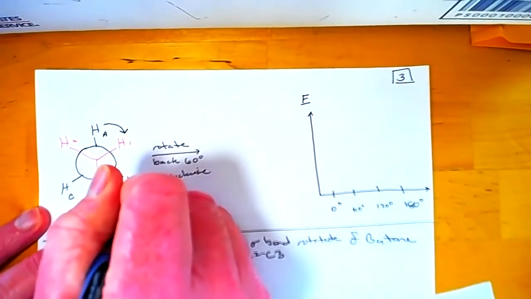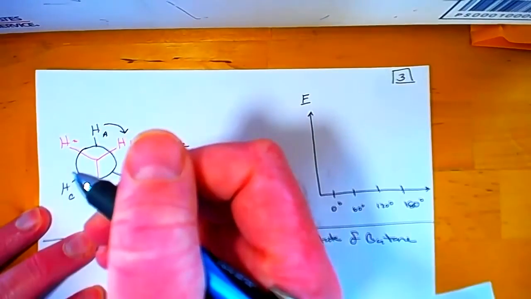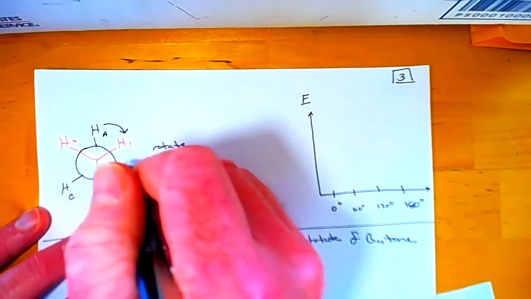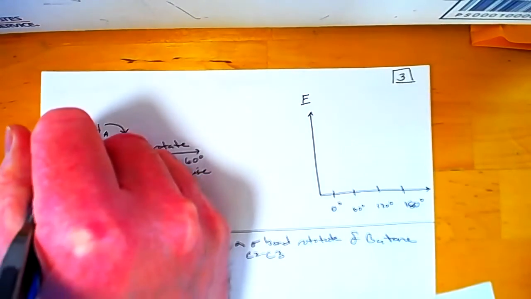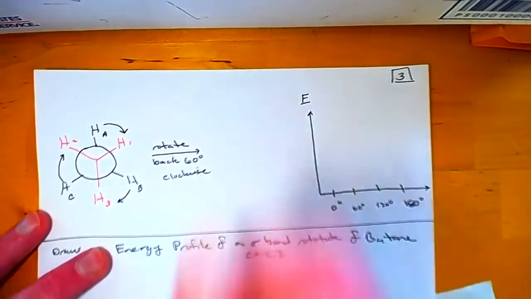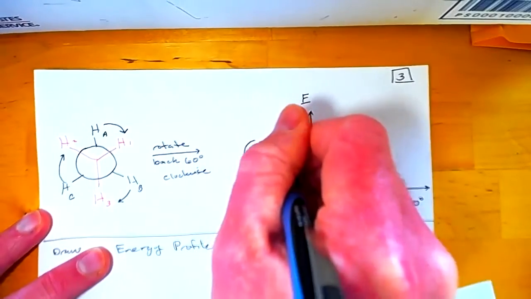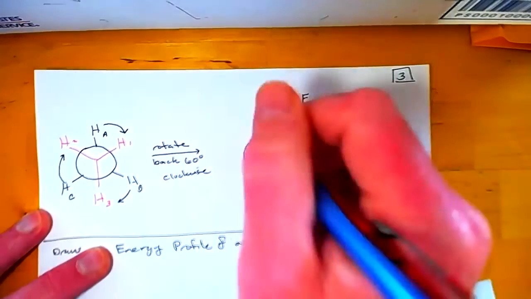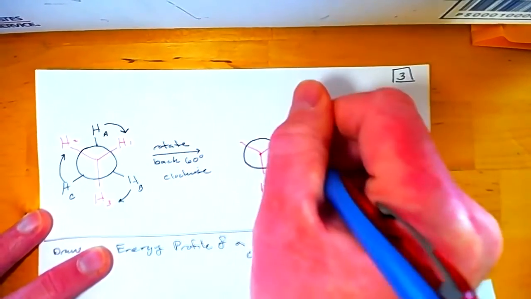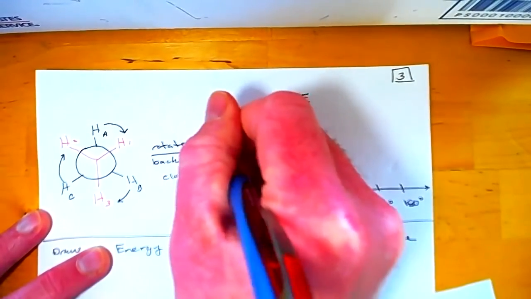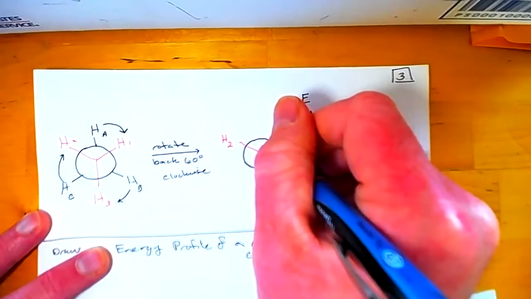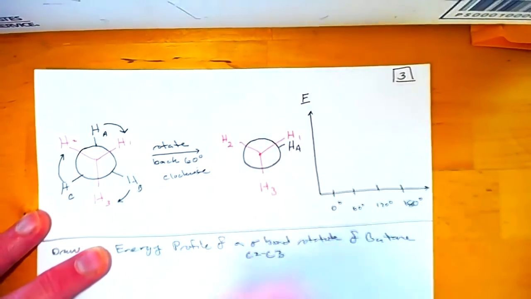If you were to rotate the back 60 degrees, so we're rotating the back hydrogen atoms, well, what's going to happen? If you redraw the circle and you redraw in the original 3 groups, which did not move, what's happened now is that hydrogen A is now eclipsing hydrogen 1.